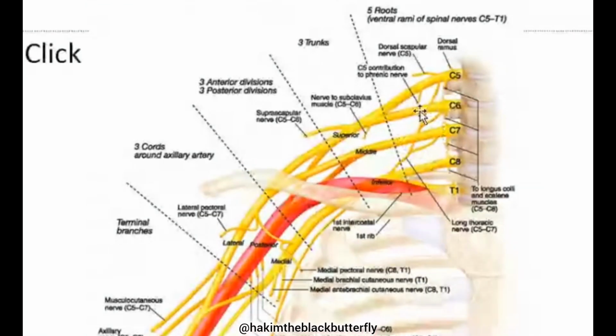And what is happening on the right is the same situation that is happening on the left. We are just giving you one side of the body. So what spinal nerves form the brachial plexus?